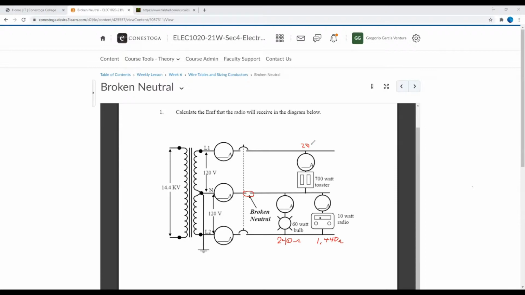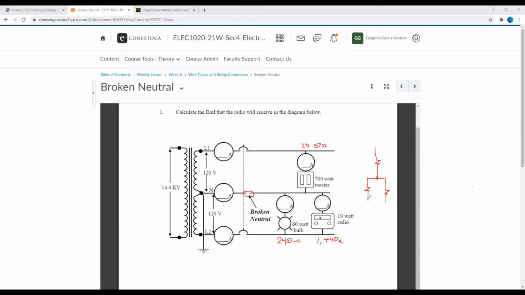And yes, indeed, this becomes a combination circuit. In other words, you could say I have a resistive load equal to 20.57 ohms, connected in series with two other resistors in parallel, one equal to 240, and the other worth 1440.